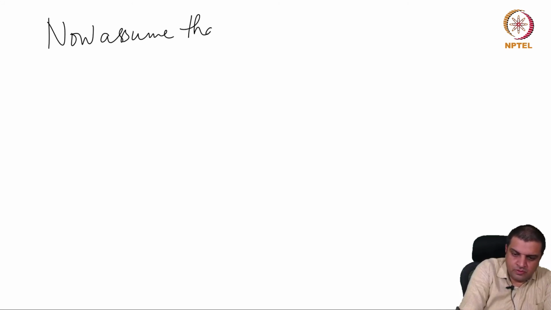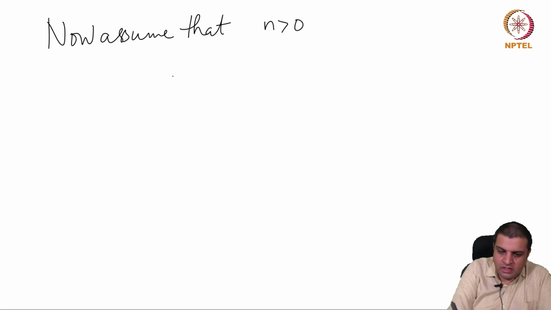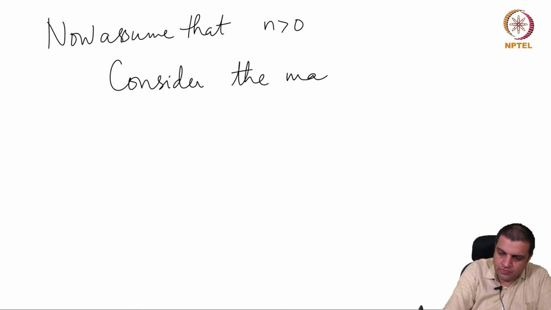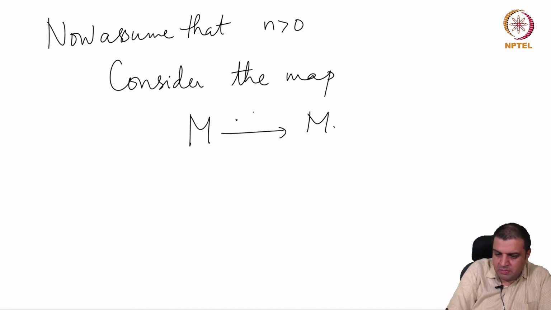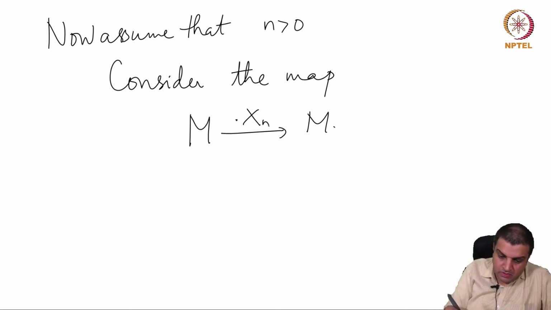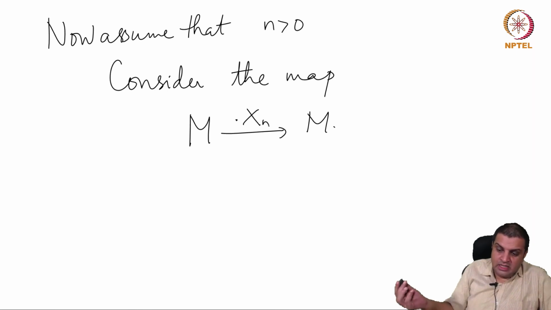Now assume that n is greater than 0. Now consider the map m goes to m multiplication by xn. Let's look at the kernel and co-kernel.